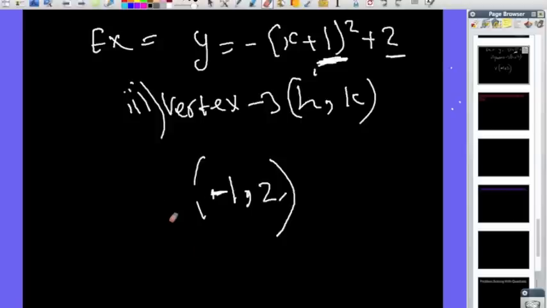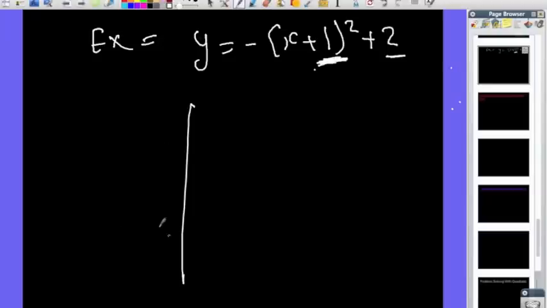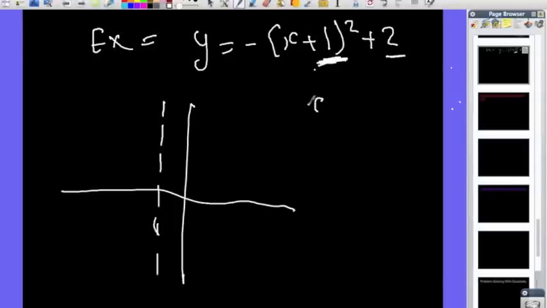And if you want to sketch the graph, it would be something like this. Since the y-intercept is 1, and the x-coordinate of the vertex is negative 1, the axis of symmetry is x equals negative 1, which would be here, right?